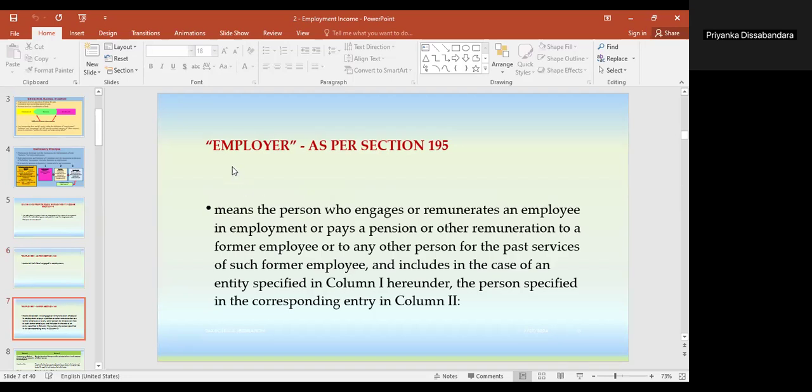Here, the term employer also has a definition under section 195.